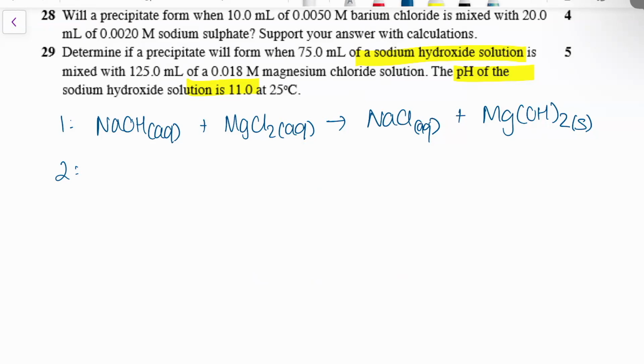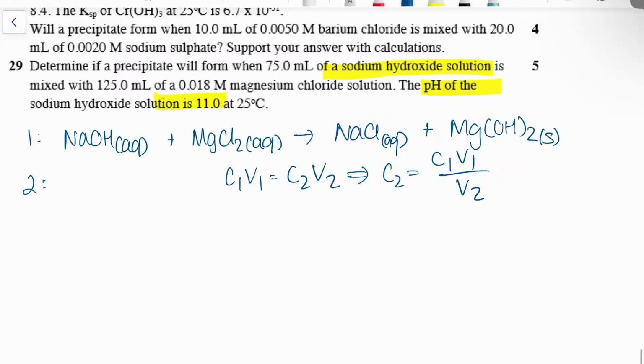This is the final concentration after you've mixed the 2 volumes together. So we need to use our C1V1 equals C2V2 equation, because after you mix them together, the volume gets bigger, so it gets more diluted. That's why we use the dilution formula. And once again, similar to question 28, V2 is just the total volume.